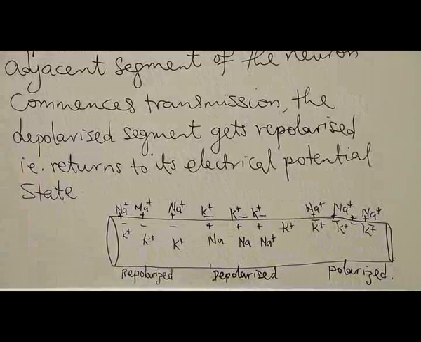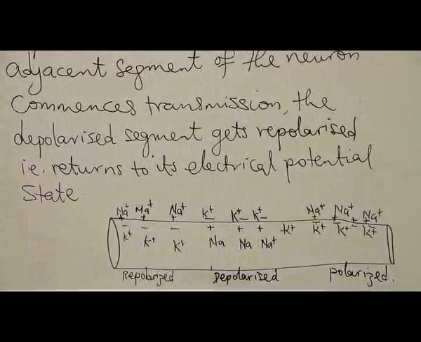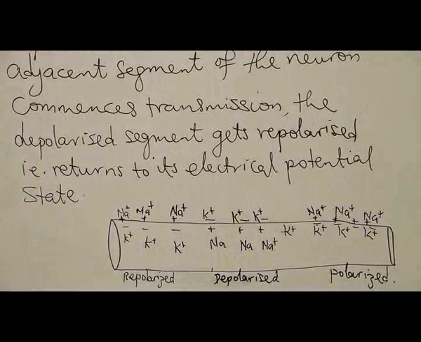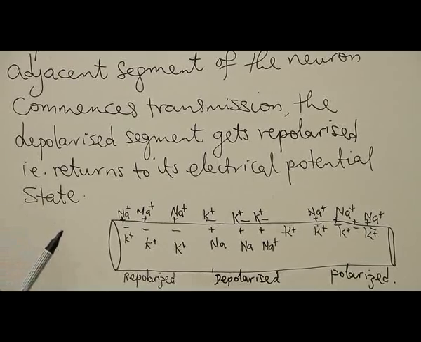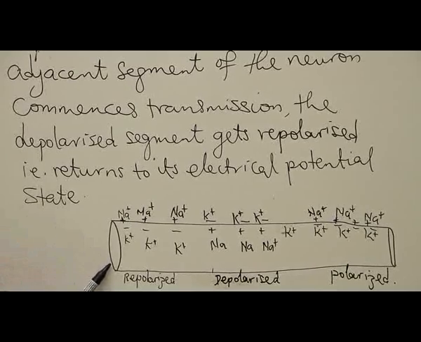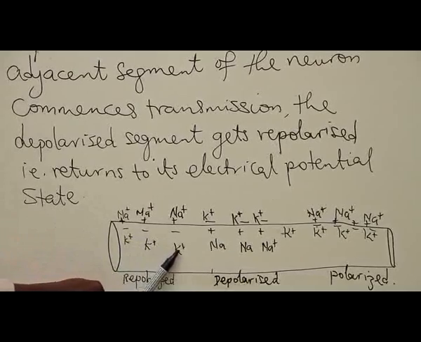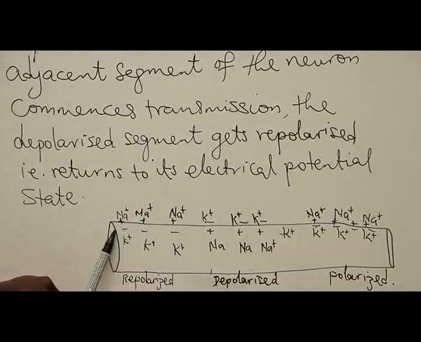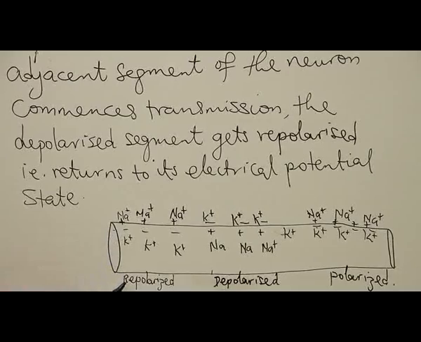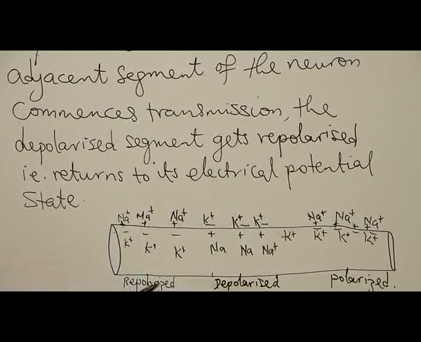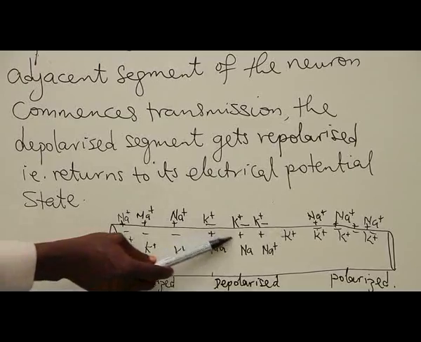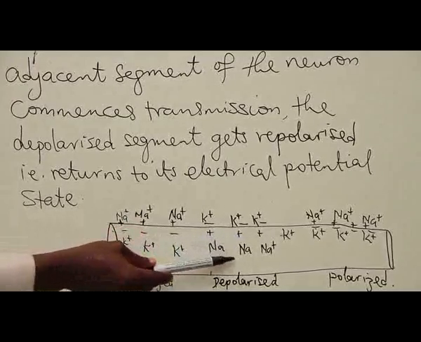That is, it goes back to its initial electrical potential. So this is a segment of a neuron. This part has transmitted and is now back to its resting position. So it has been repolarized, while this place has just commenced transmission, and is transmitting now.